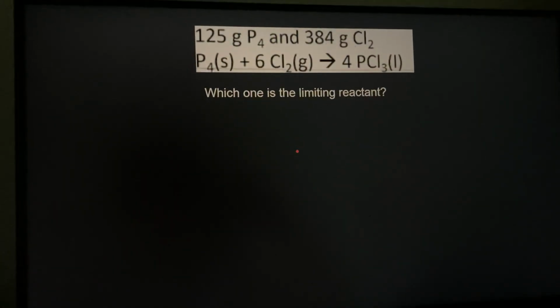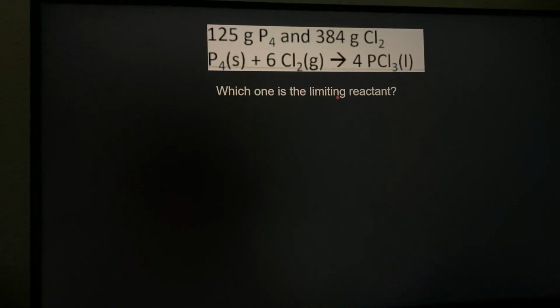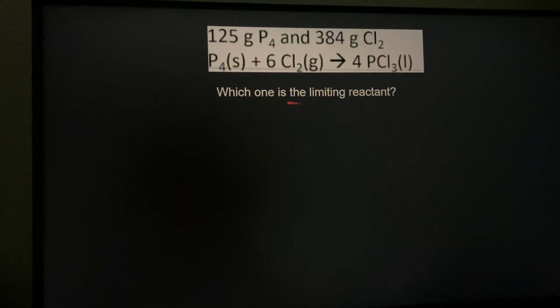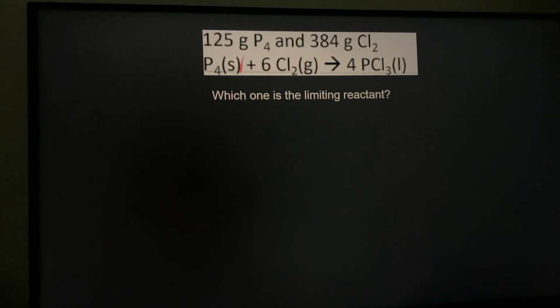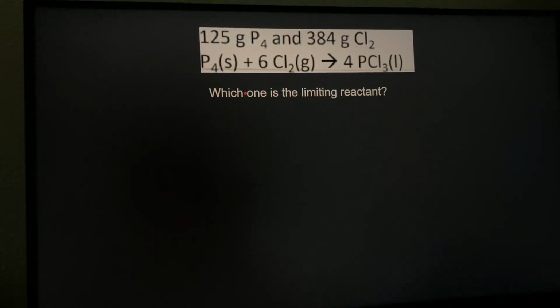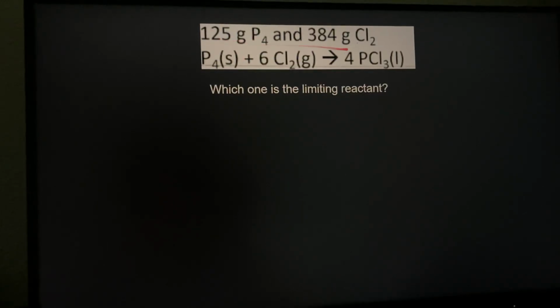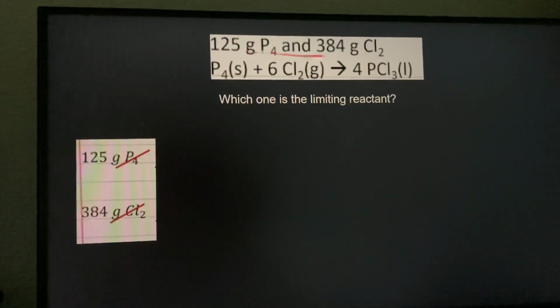If we have 125 grams of P4 and 384 grams of Cl2, which one is the limiting reactant? What we're going to do is start by finding which one we have less of in the equation. We start with our givens. We have 2 equations, one for each of these givens.